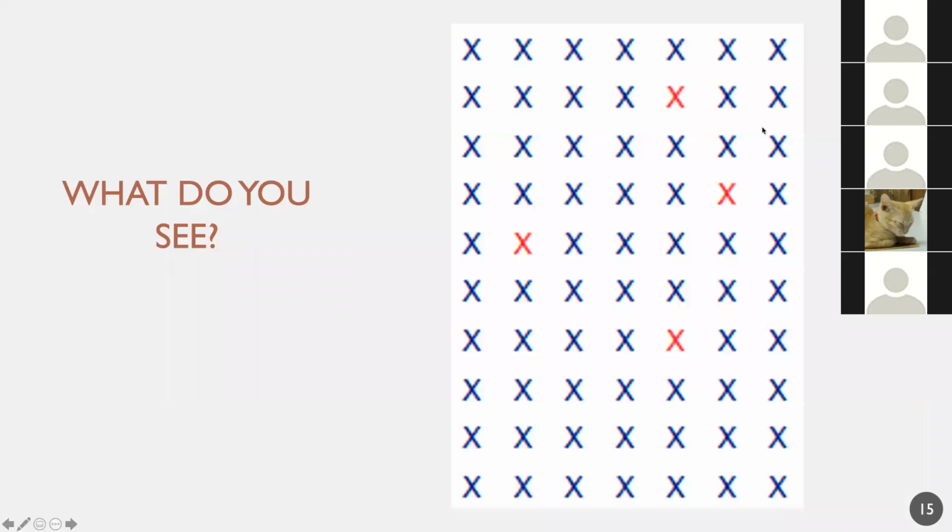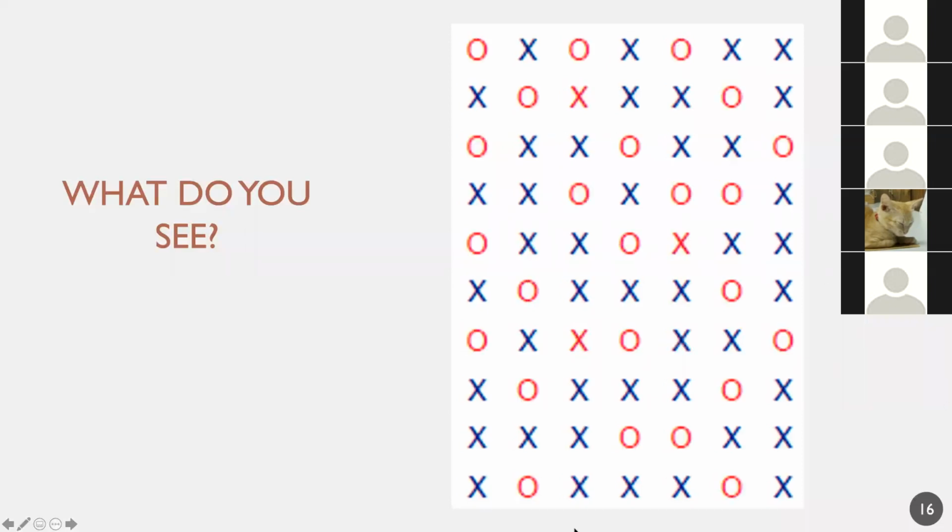And how about this one? If I ask you to count the number of red eggs, how many of them? There are 4 red eggs, right? You can count it very quickly because the red color is quite dominant. It's clear.